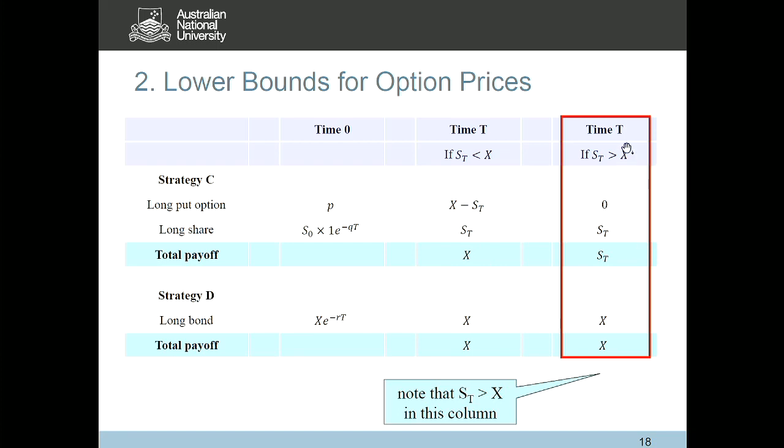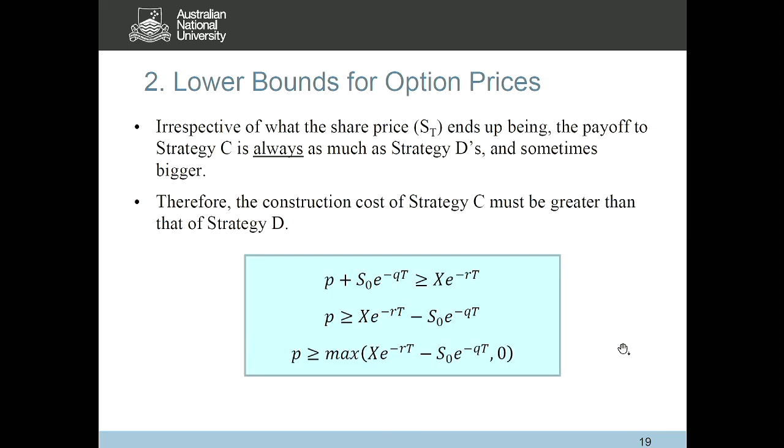Now, if the share price finishes higher, then portfolio C provides us with a bigger payoff. The reason is that in this column here, ST is greater than the strike price X. So ST is larger than X.